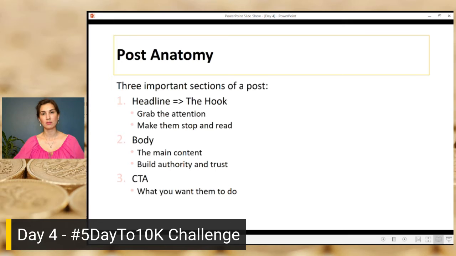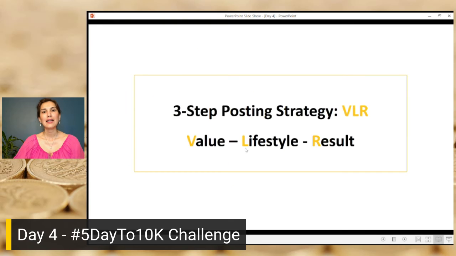Don't put in any call to action just to have one on your post. It's important to choose it wisely. Now, the 3-step posting strategy is VLR: value, lifestyle, results. Now we are going through each of these posting styles one by one.